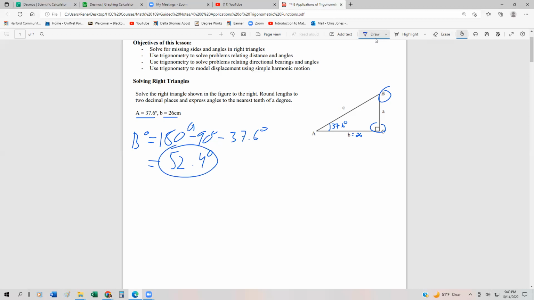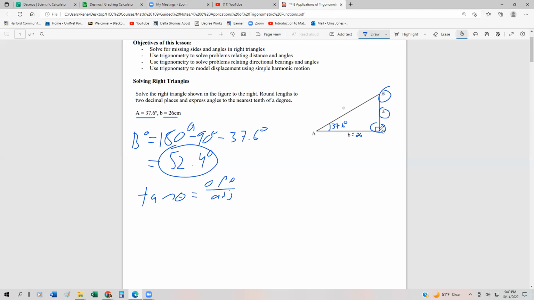So now let's try to figure out one of the sides. Let's try to find side A. We know that we can use trigonometry to do this because we know that the tangent function of an angle is equal to the opposite over the adjacent.